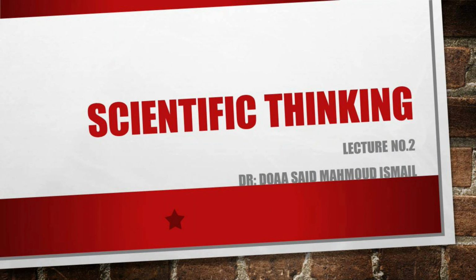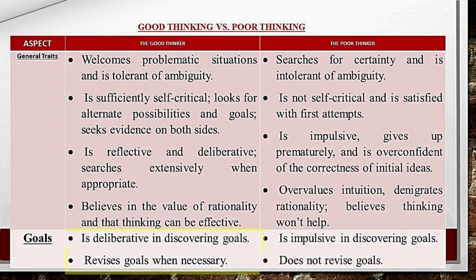We can also differentiate between the good and poor thinker by goals. Each of them has goals, but what is the difference between the goals of the good thinker and the goals of the poor thinker?